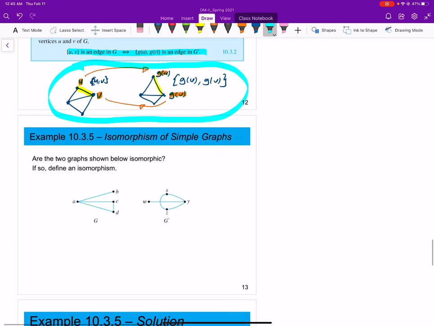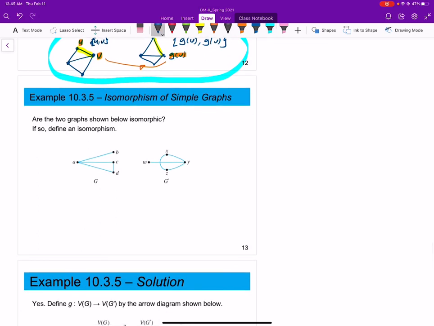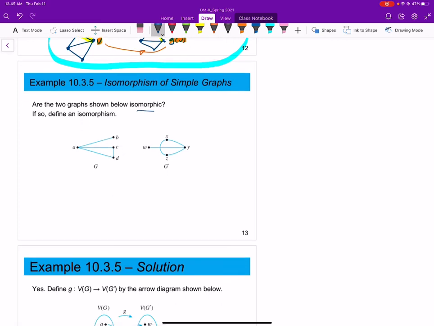Alright, so go to the next example. Are the two graphs shown below isomorphic? If so, define an isomorphism. Okay, so you have to check whether they are isomorphic or not. For that you have to find the function of isomorphism.